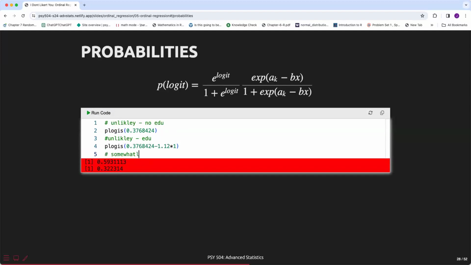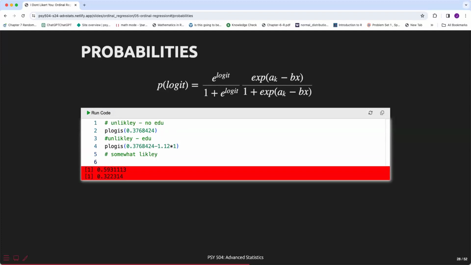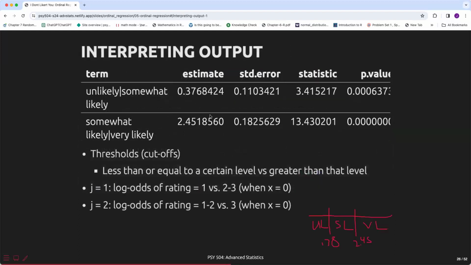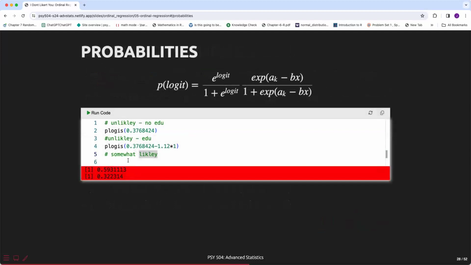What about somewhat likely? Here we're going to have to do some subtraction. The second cut point is the cumulative probability of being in the somewhat likely category and below it. So to get the somewhat likely probability, we take the cumulative probability of the second cut point and subtract the first cut point from it, and that will give us the somewhat likely predicted probability. So let's do that.